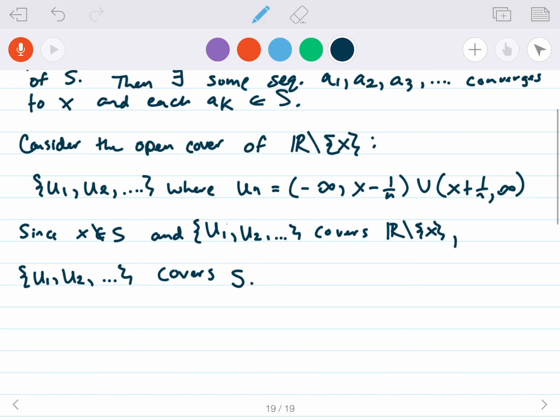Okay, but S is compact. So we're going to do the same kind of trick that we used to show boundedness.